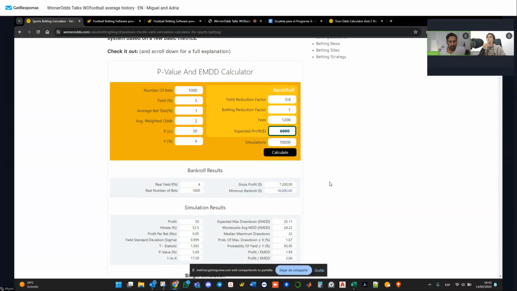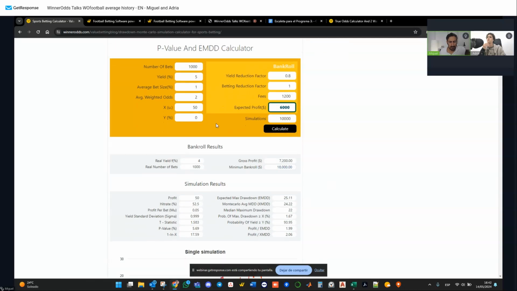Okay, first of all, I will change the number of bets. If we have, for example, 1,000 bets in 1 year, what happens in 1 month? That would be around 80 bets. So in this case, in 80 bets, we will have lower profit, same hit rate, same profit per bet, but the probability of ending with profit is reduced.